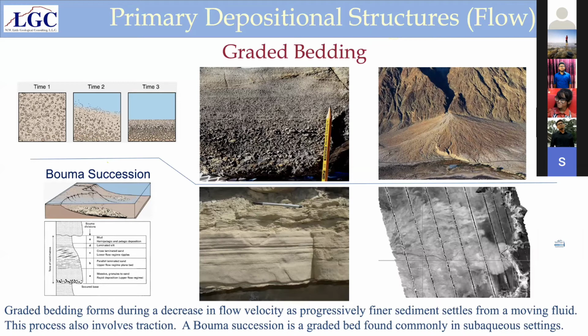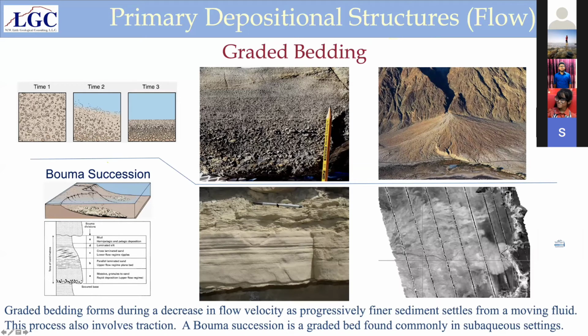As the flow slows down, that changes to parallel laminations, which are upper flow regime. And then as the flow slows down even further, it will transition from the parallel laminations. In this case, because of the grain size and the sediment abundance, we don't get dunes, but we do get ripples. And these are climbing ripples in this case.